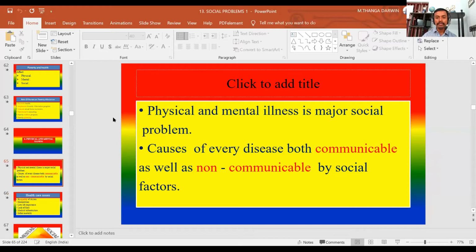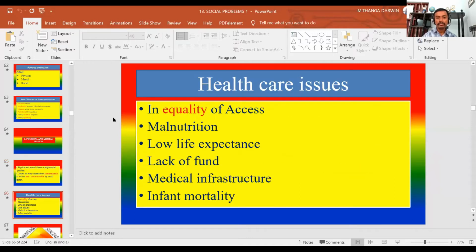Physical illness means dysfunction in the human body, caused by communicable diseases and non-communicable diseases. Mental illness means mental disturbance. Then healthcare issues in India.